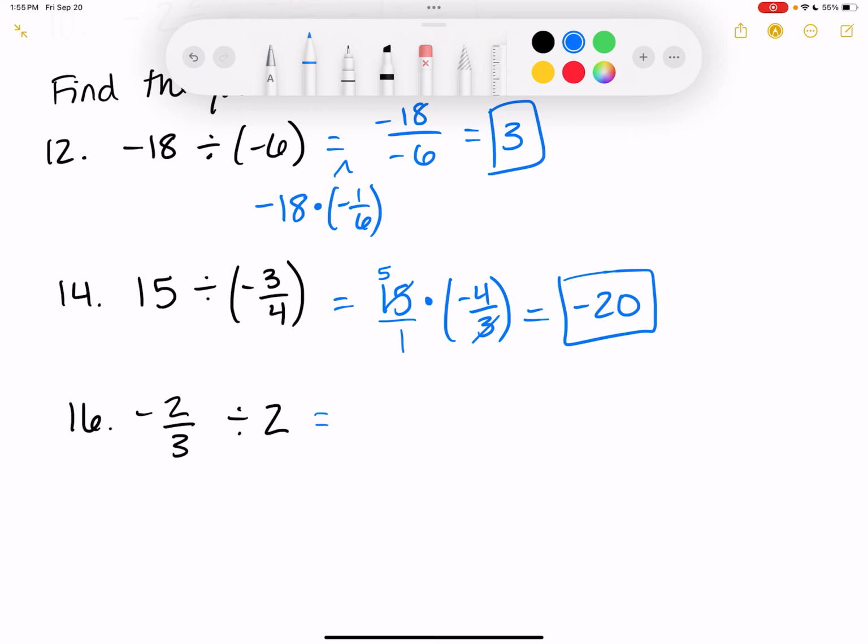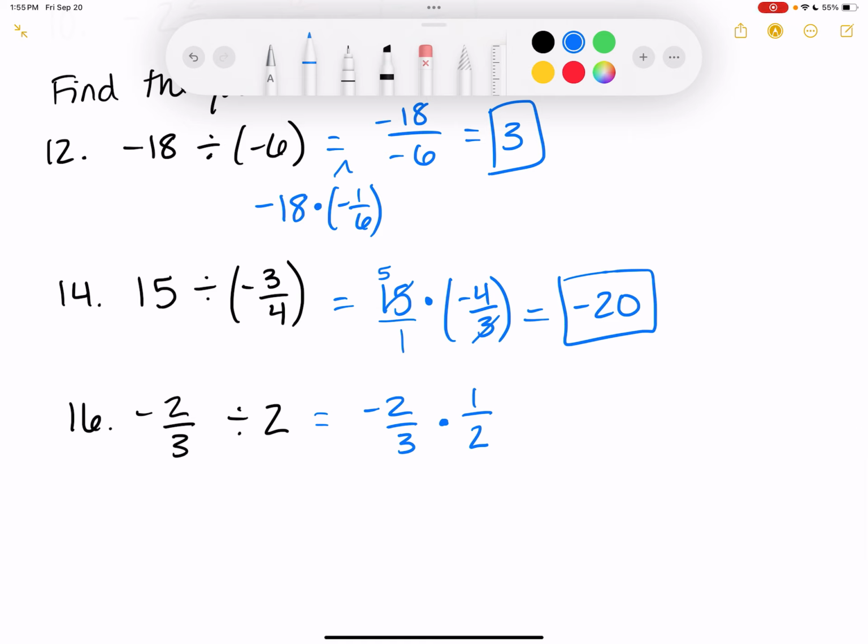Nope, the first number always stays the same. The number that gets flipped is always what's written after the division symbol. So it'll be negative 2 over 3 times, what's the multiplicative inverse? 1 over 2. Now what?